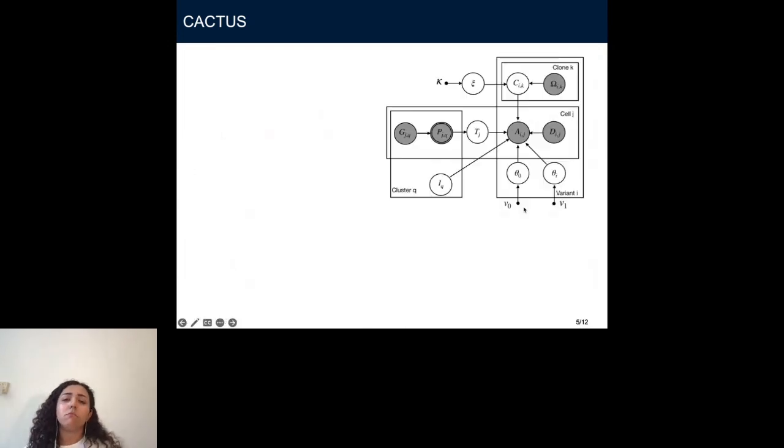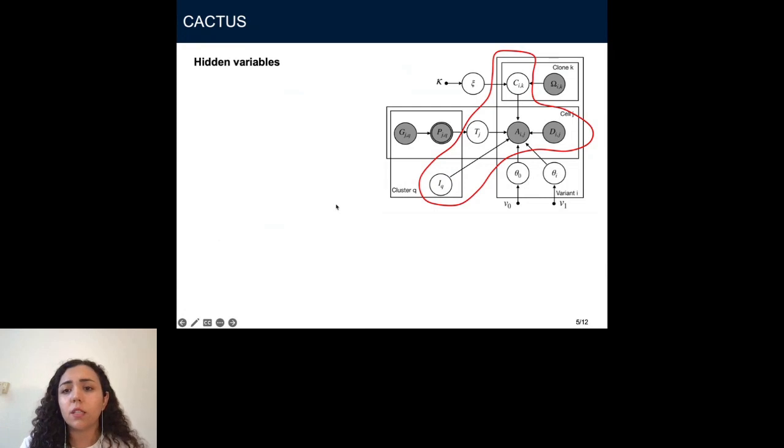This is the overview of the model, probabilistic model. In these kind of models, we know that all the white nodes are corresponding to the hidden variables, and the shaded nodes are corresponding to the observed variables, and the arrows are showing the causal relation between the nodes. And here I will discuss this part of the model.